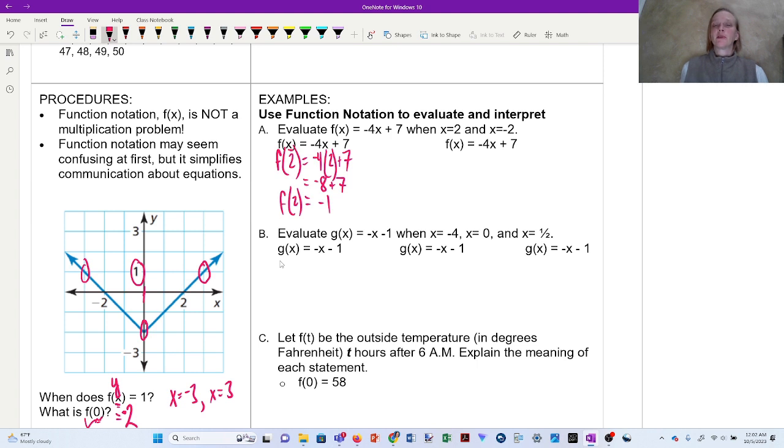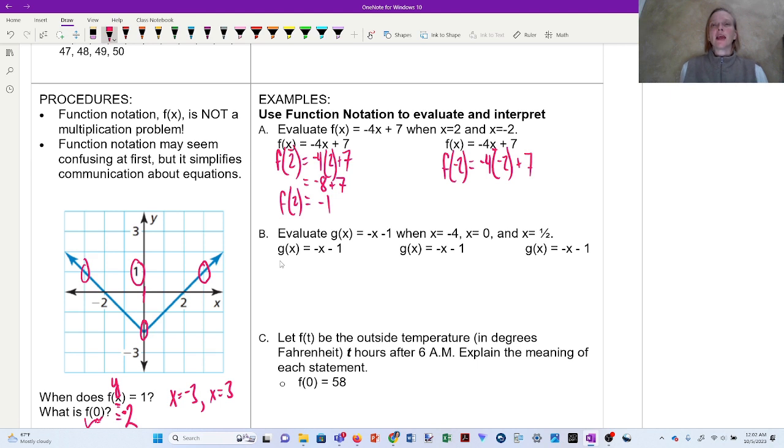Let's look at this example over here. Negative 2 is my x value, so I'm going to replace it wherever I see x. F of negative 2 equals negative 4 times negative 2. Again, I'm just taking that x and replacing it with a negative 2, plus 7.